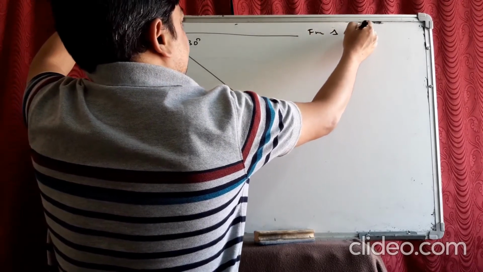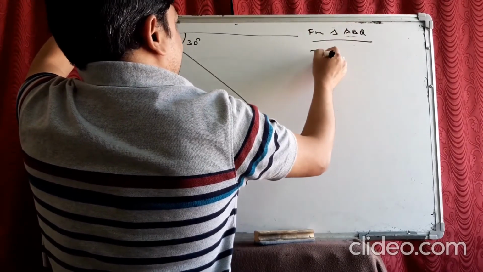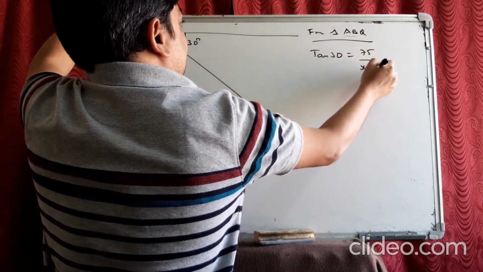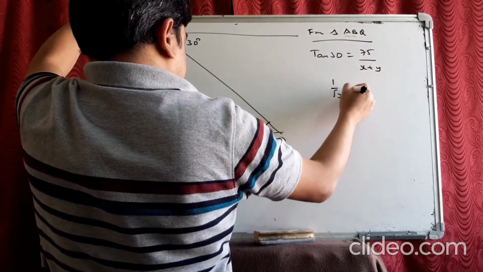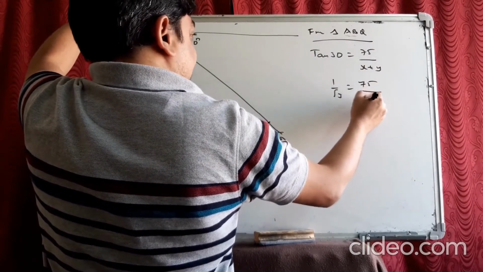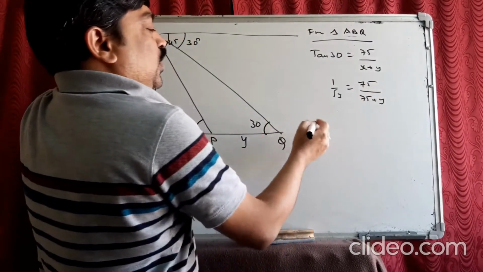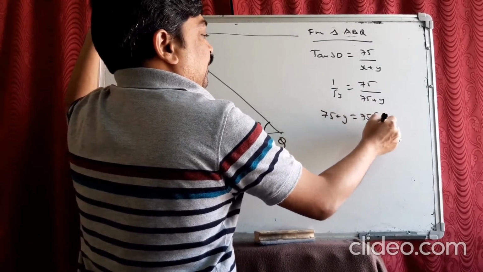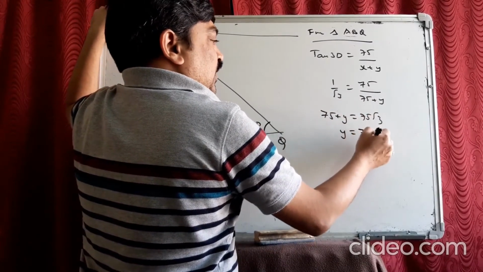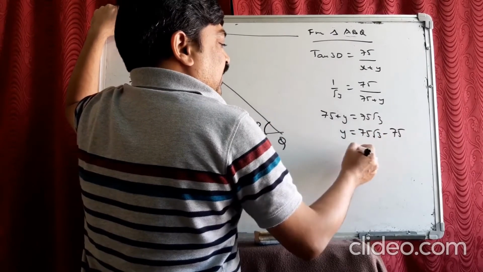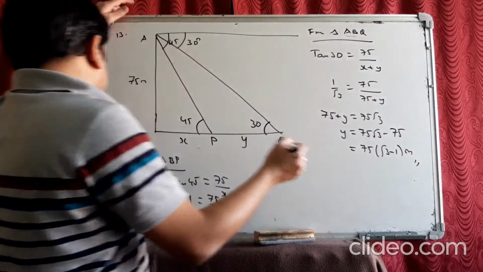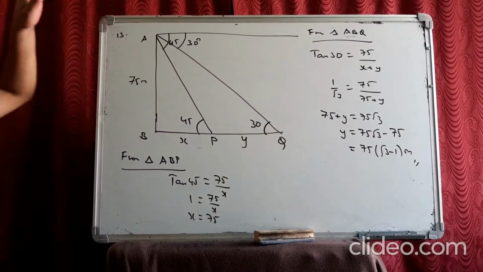From triangle ABQ, tan 30, 75 by x plus y, 1 by root 3, 75 by 75 plus y, cross multiply, 75 plus y is 75 root 3. So y is equal to 75 root 3 minus 75, take 75 common, it becomes root 3 minus 1 meter. You can leave it like that.